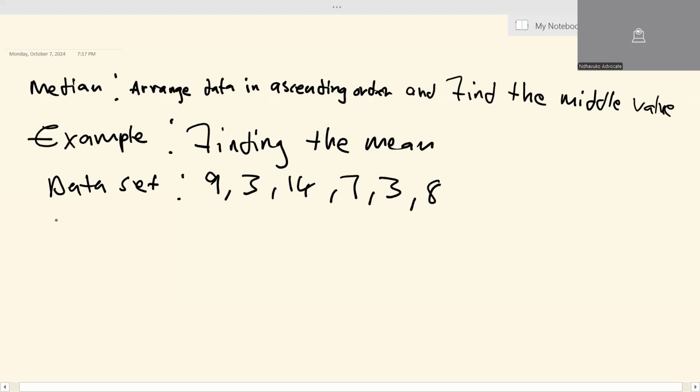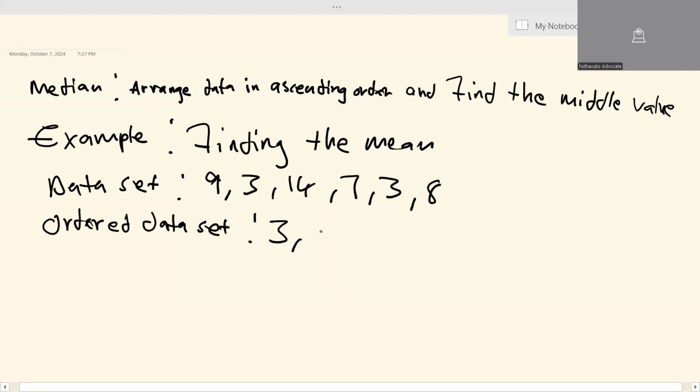So what do you do? You put the data in ascending order. This is the ordered data set. What is the number that is least here? The least value is 3.